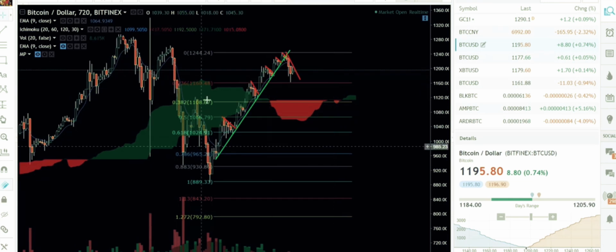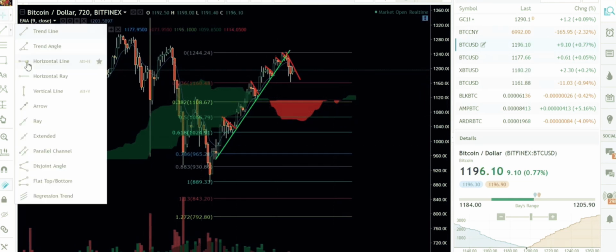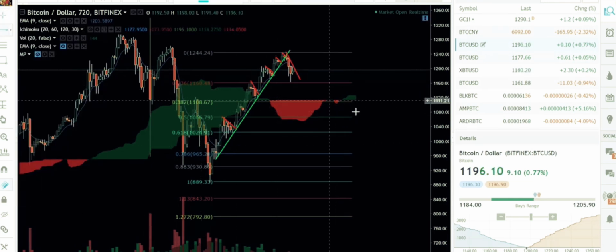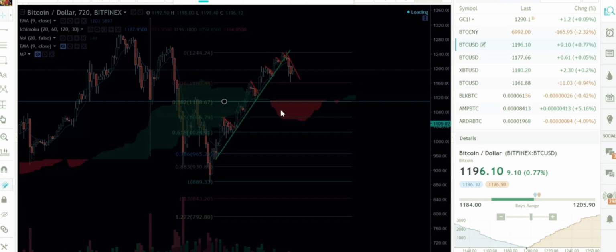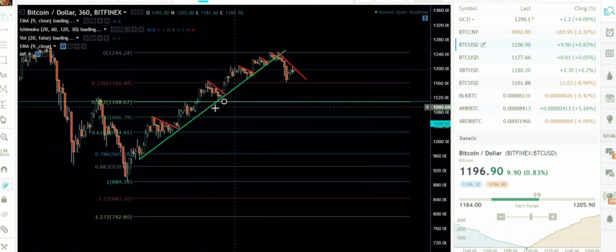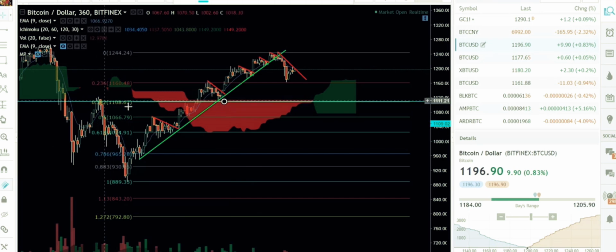When I look at it like this on the 12-hour and the 6-hour, it's showing me that there is a support cloud right about here, at about 11:10, 11:12, let's say. There's a support cloud on the 12-hour and on the 6-hour resting right at that price point at about 11:10. So that 11:10 mark is our 38% retracement.